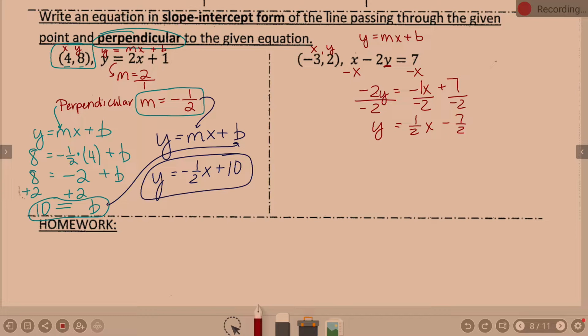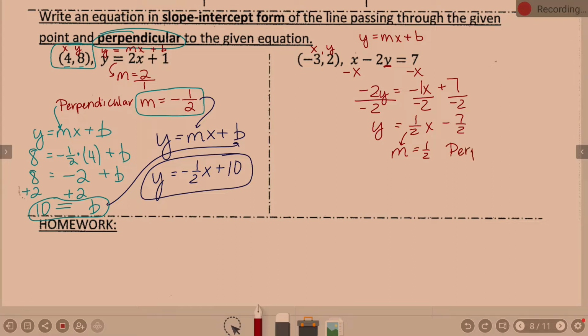Because what I really need to know is the slope. What is the slope of this line? Slope of this line is y equals mx plus b. It's 1/2, right? And here's the catch.